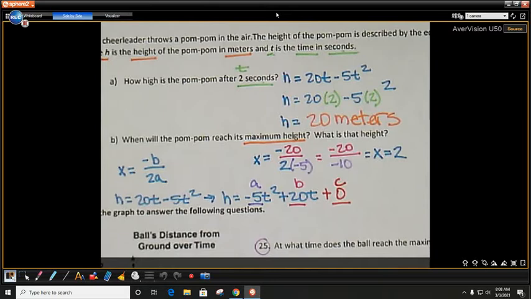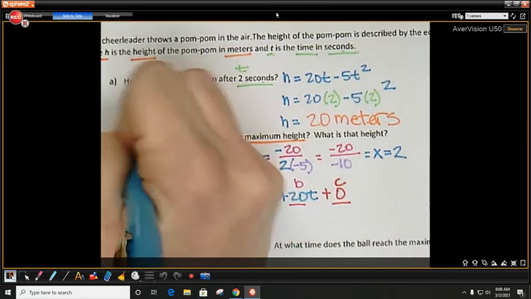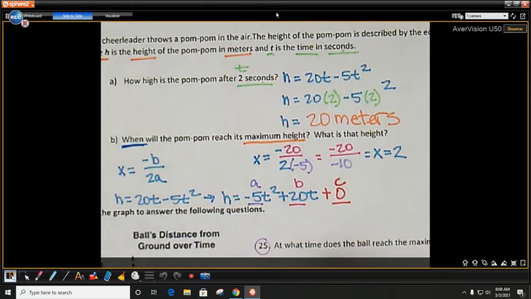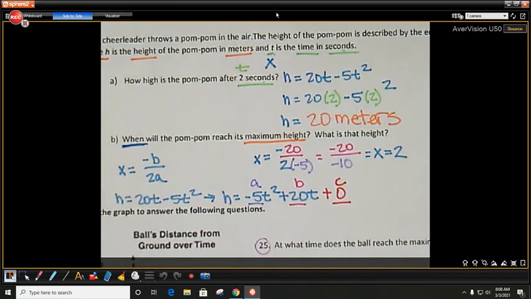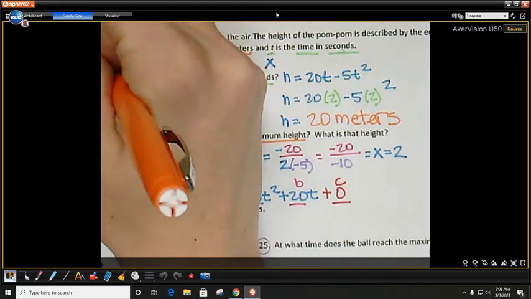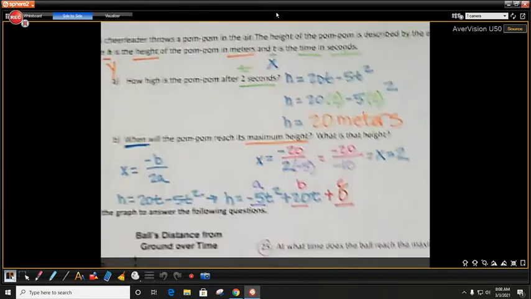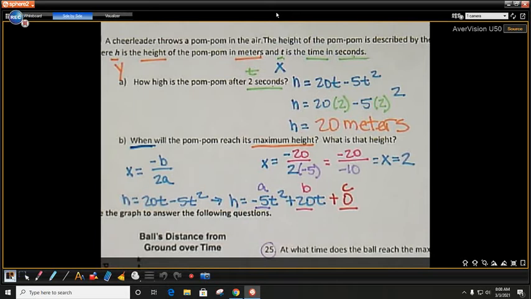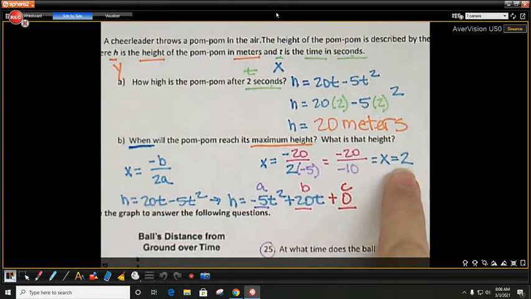Okay, so it says when does it reach a maximum height? It's not asking yet for what the maximum height is. In this case, time is your x and height is your y, because your height depends on how long the pom-pom's been in the air. So this is my time, 2 seconds. But now I need to also figure out what the height is. So we are going to plug our 2 back into our function.